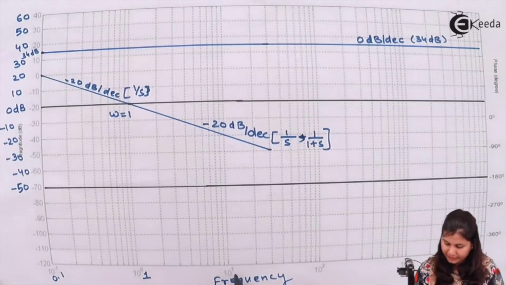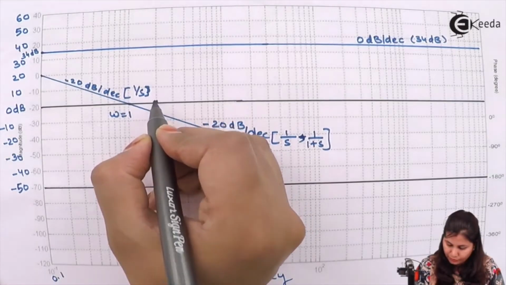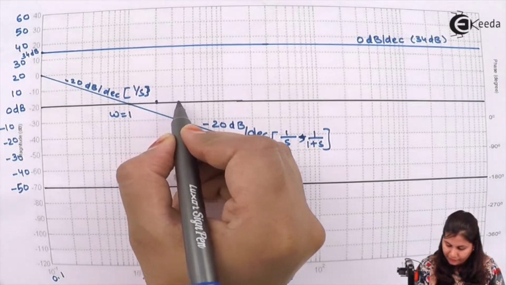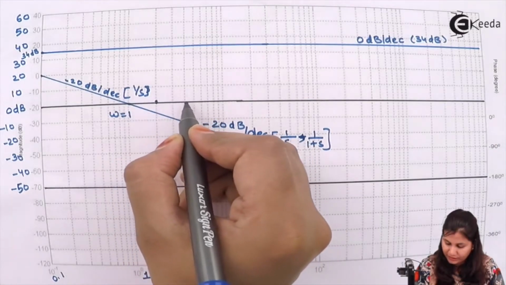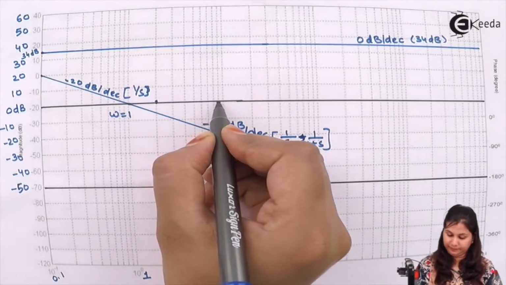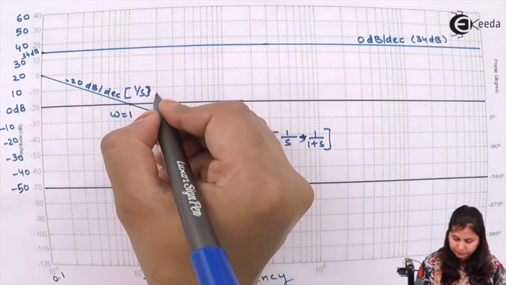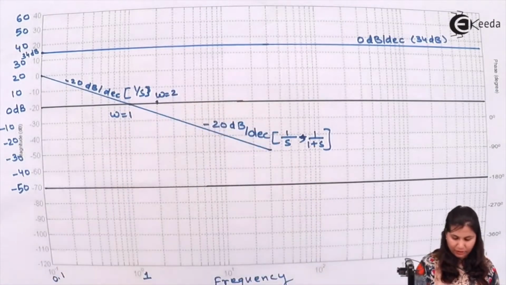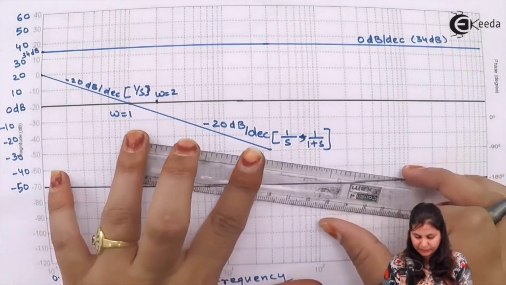It is 1 and it is 10, so 2 will be here. This square: 1, 2, 3, 4, 5, 6, 7, 8, 9, 10. So this will be omega equals 2. From here we are going to draw a line having slope minus 20 dBs per decade.